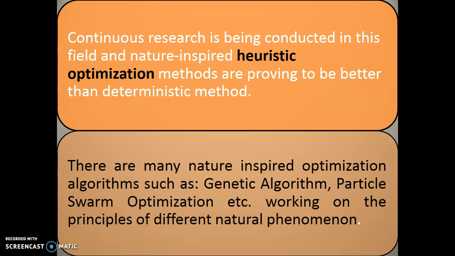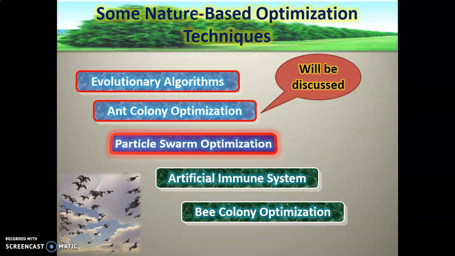There are many nature-inspired optimization algorithms such as genetic algorithms and particle swarm optimization, working on the principles of natural phenomena. Some examples of nature-inspired optimization techniques are evolutionary algorithms, ant colony optimization, particle swarm, artificial immune system, bee colony optimization.